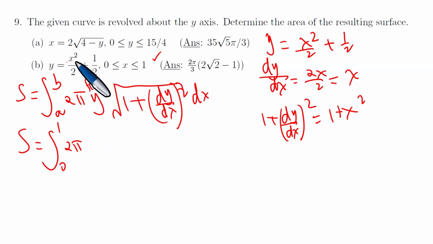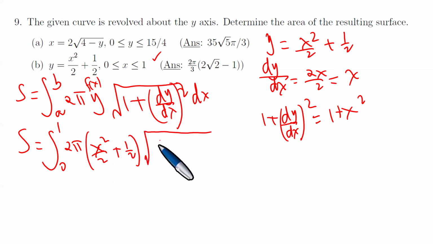What is y? Y is all this here. So in the place of y, you put x squared out of 2 plus 1/2, times the square root of 1 plus (dy/dx) squared, which is 1 plus x squared, dx.